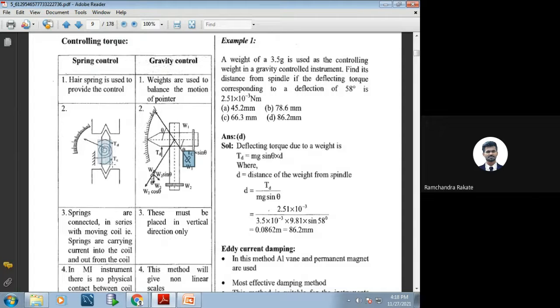So what we have just seen: the spring is attached to the pointer to control the deflection and bring it to the null position. In the same way, the counterweight is attached in the opposite direction of the pointer, and it is used to control the motion of the pointer and bring it back to the null position.